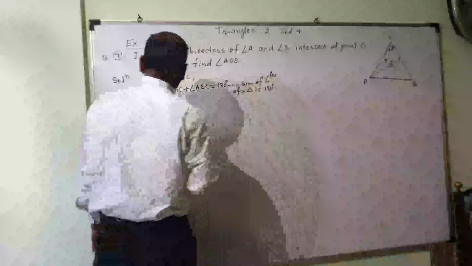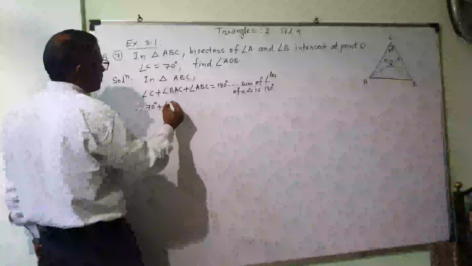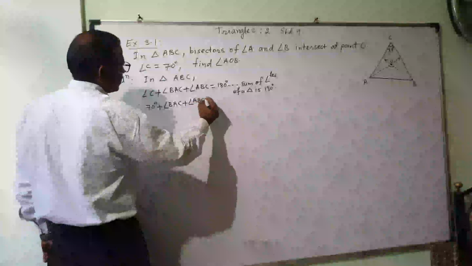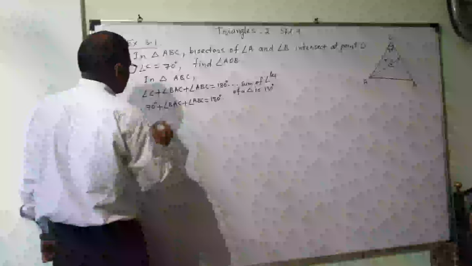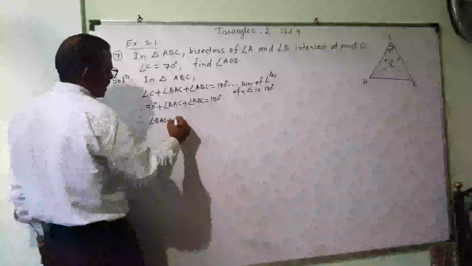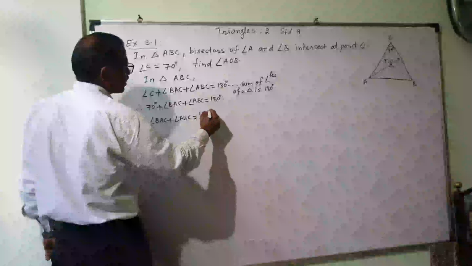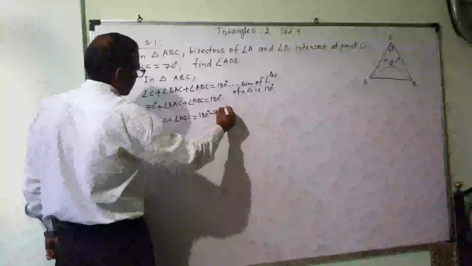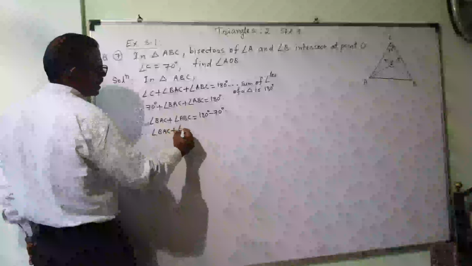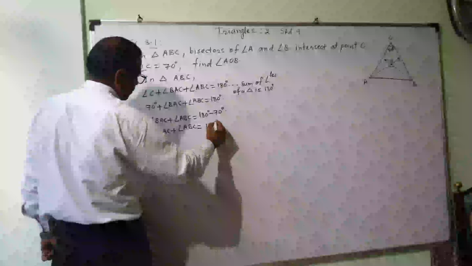This is the reason you have to give. Therefore, angle C is 70 degrees, plus angle BAC plus angle ABC is equal to 180 degrees. Therefore, angle BAC plus angle ABC is equal to 180 degrees minus 70 degrees. Therefore, angle BAC plus angle ABC is equal to 110 degrees.